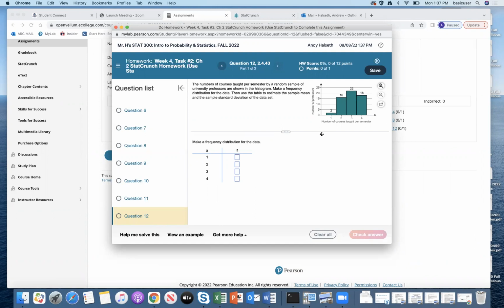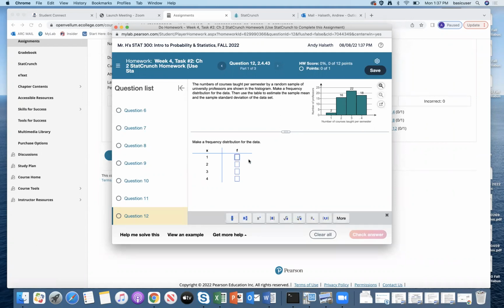Notice the bottom x-axis is the number of courses taught per semester, and the height of the bar is how many professors are teaching that number of courses per semester. So 2 professors are teaching 1 class, 16 professors are teaching 2 classes, etc.